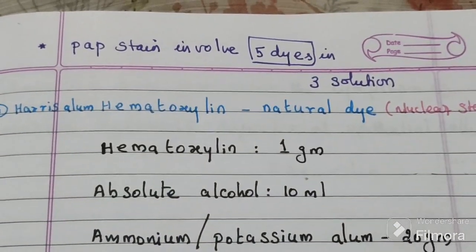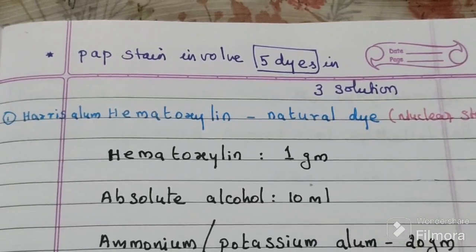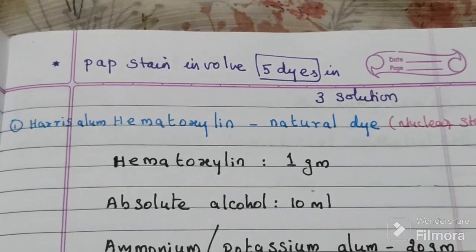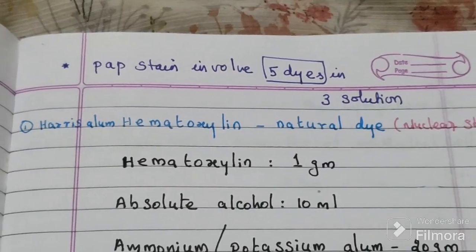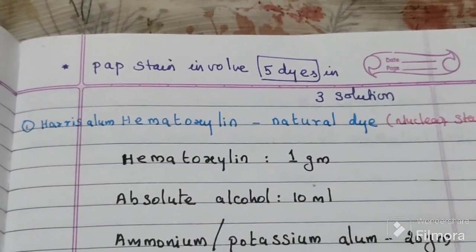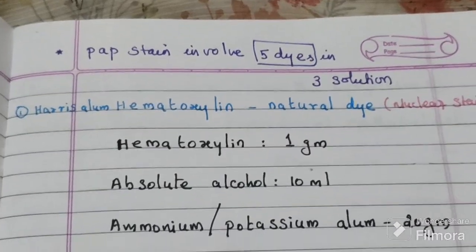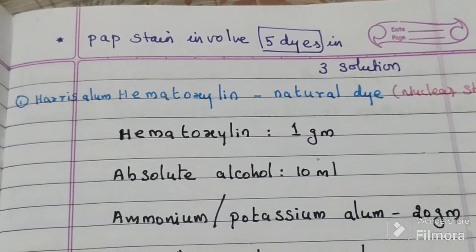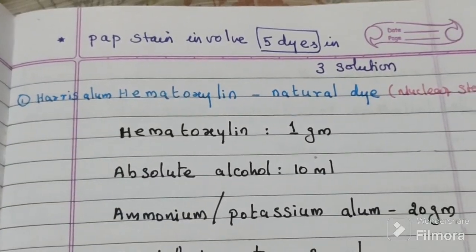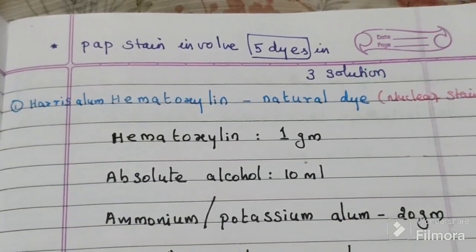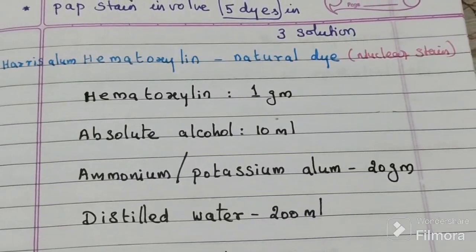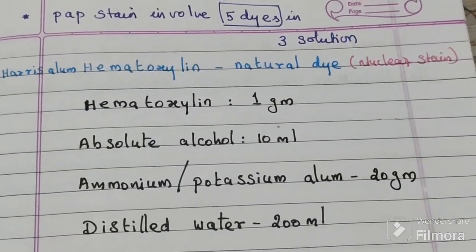Next is the requirements: multiple coupling jars, and the polychromatic PAP stain, which includes 5 dyes in 3 solutions. So here we are using 5 dyes in 3 solutions, along with alcohol and distilled water. What are the 5 dyes? First is hematoxylin.